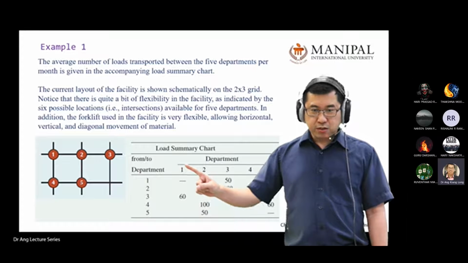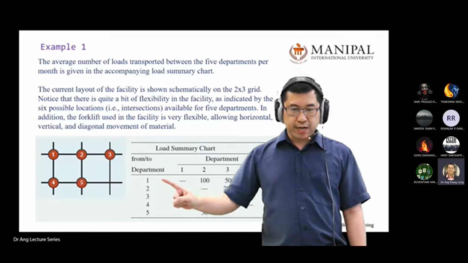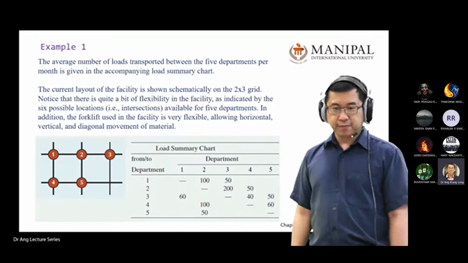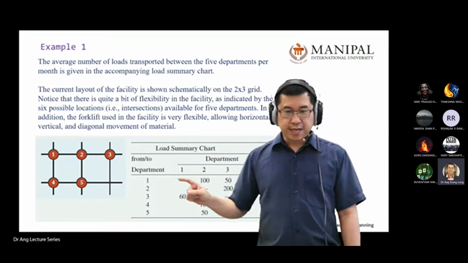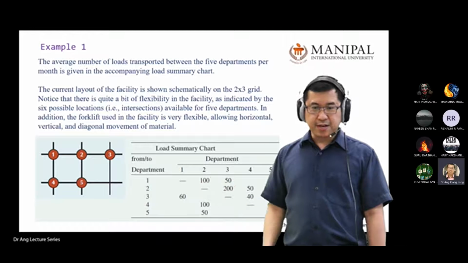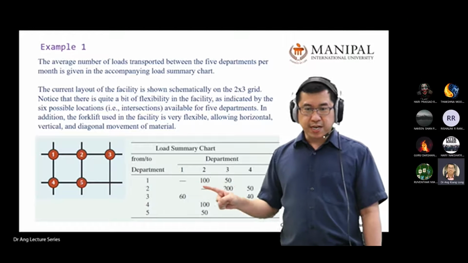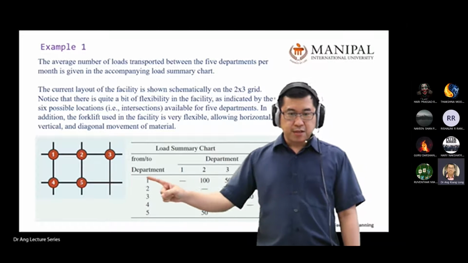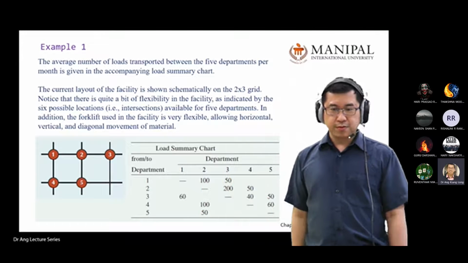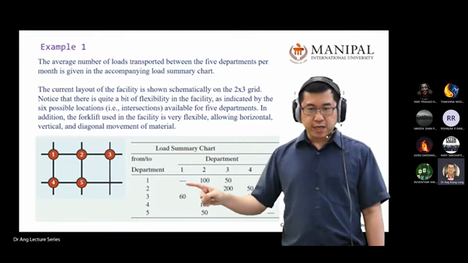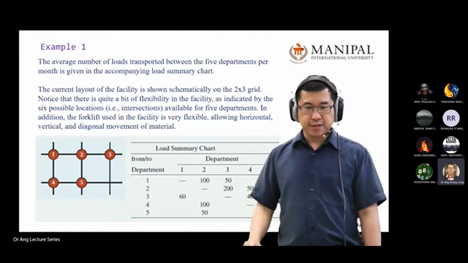Department 1 back to department 1, there's no activity. It's just an intersection point. Let's say I pick this one. What does this 100 mean? It means from department 1 to department 2, you get a loading of 100 movements.